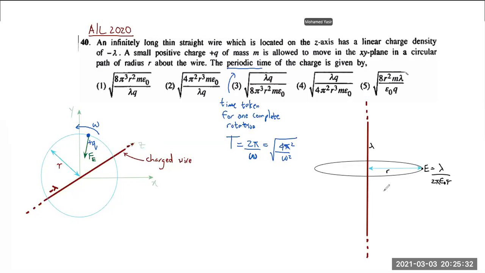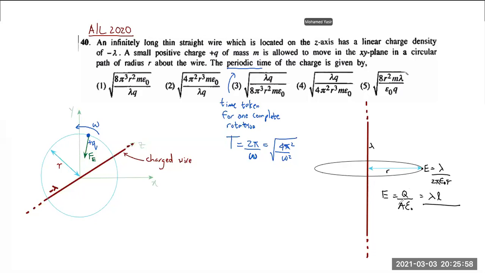If you can't remember, you have to go to the equation E is equal to Q over A epsilon naught. Now, what is Q here? You have to draw a Gaussian surface, and the Gaussian surface is going to be a cylinder here. So for Q, we put lambda L. Lambda is the charge per unit length. When you multiply that by length, you will get the charge.